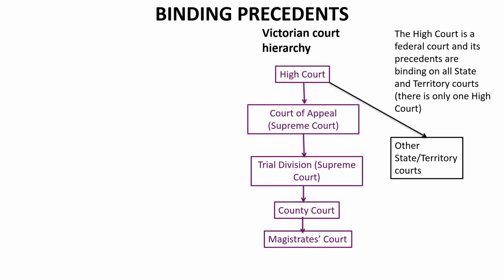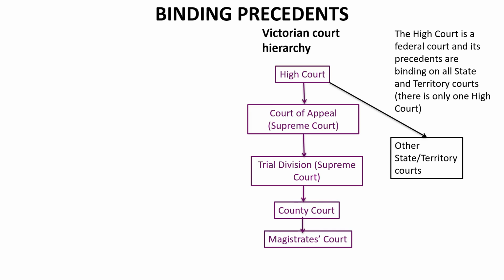Below the High Court in the Victorian court hierarchy is the Court of Appeal, and underneath the Court of Appeal is the Trial Division. Both the Court of Appeal and the Trial Division are part of the Supreme Court. Then comes the County Court, and underneath the County Court is the lowest court in the Victorian court hierarchy, which is the Magistrates' Court.